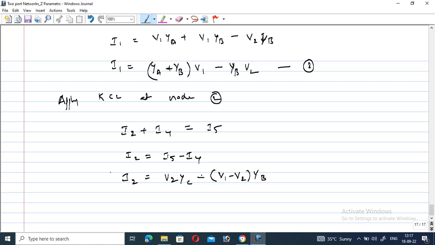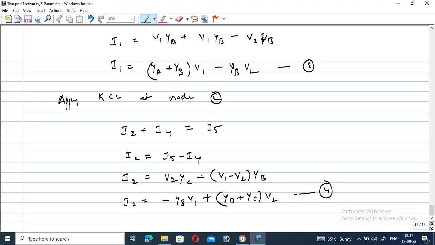Now, if you are taking I2 and taking V1 as a common value, then we get one negative value, that is minus YB into V1, and minus into minus gives plus, so plus (YB plus YC) into V2. This is equation number 4.